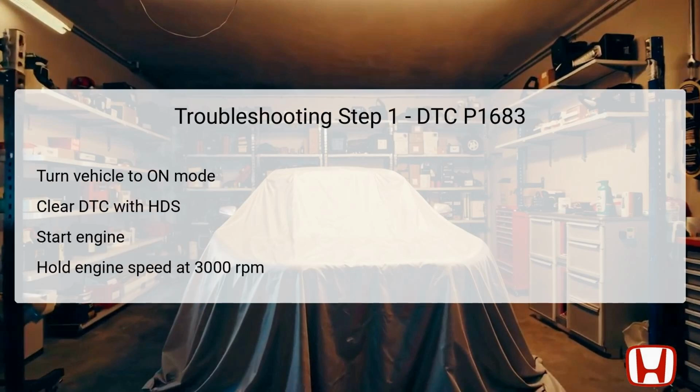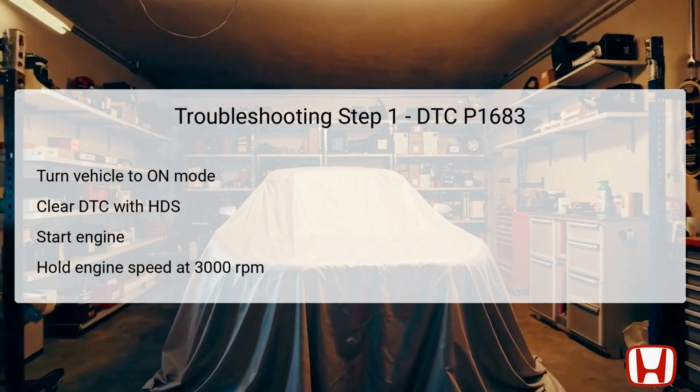In the first step of troubleshooting DTC P1683, you begin by turning the vehicle to the on mode without starting the engine. This allows the vehicle's systems to activate. Next, using the Honda Diagnostic System, HDS, you should clear any existing DTCs.